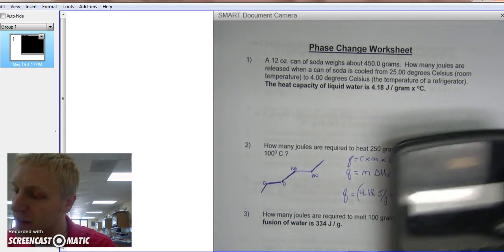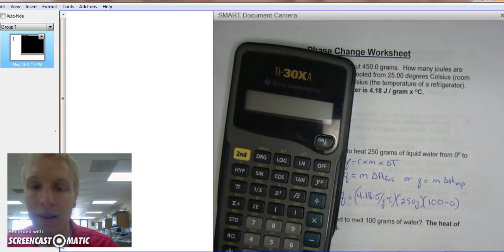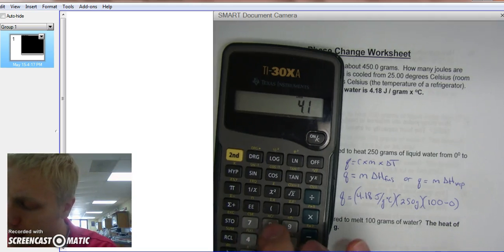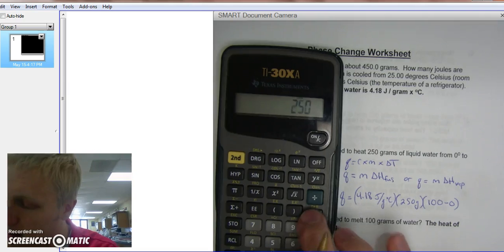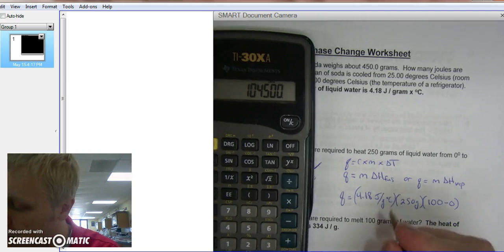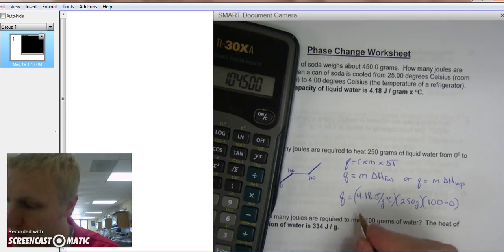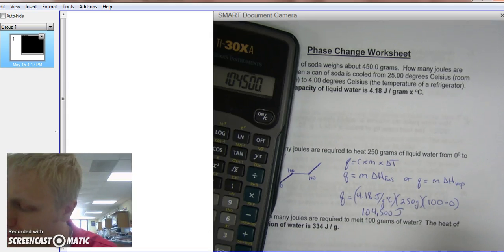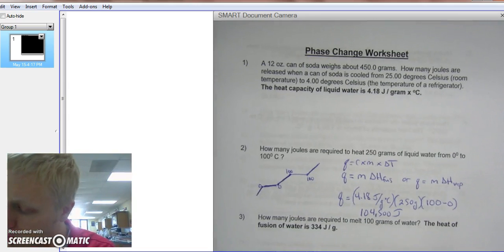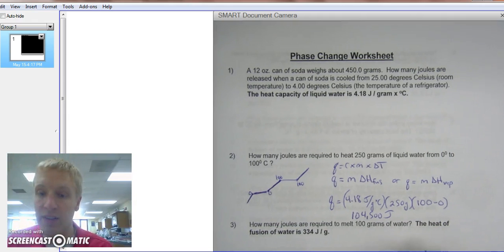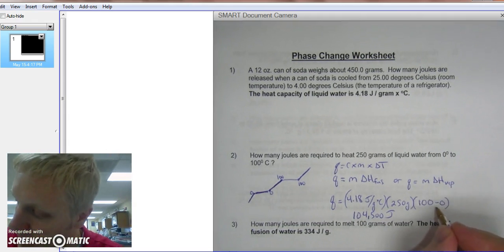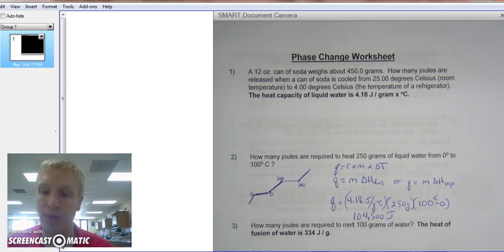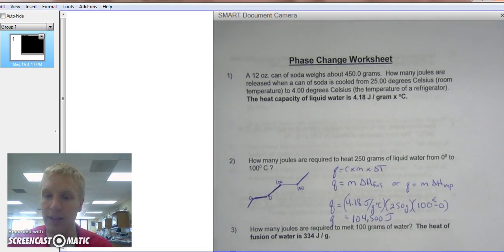Only way to solve that is by using our calculator, the one that we bring to class every day. 4.18 times 250 times 100, and that gives me my answer, which is 104,500 joules. And that is how much energy is absorbed. The gram degree Celsius cancels out and joules is left over. That's our unit for Q, energy.